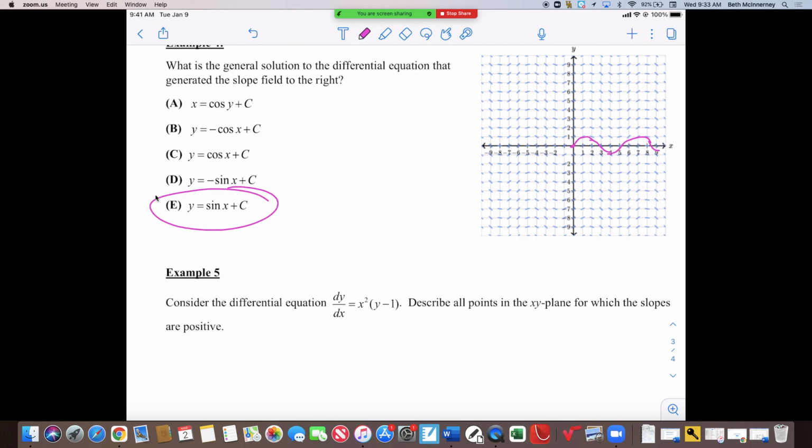All right, last example. Consider the differential equation dy dx equals x squared times the quantity y minus 1. Describe all points in the xy plane for which the slopes are positive. So stop and think a moment.